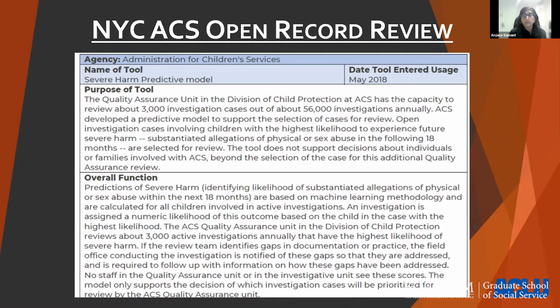I know there's another one, but I don't know the specifics. But at any rate, if the tool flags a referred-in matter as above a certain degree of risk, the case is flagged for the supervisor as what they're calling a complex risk case. And I'm going to let my co-panelist from LA County explain what that actually means in terms of how the case is treated within the agency.